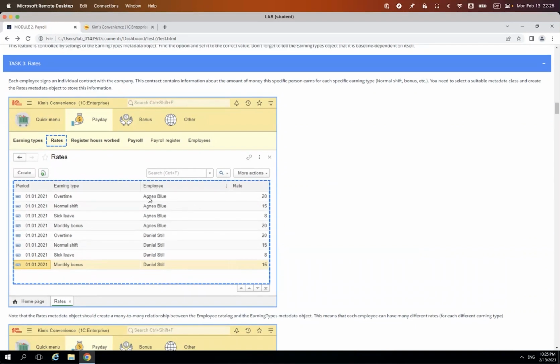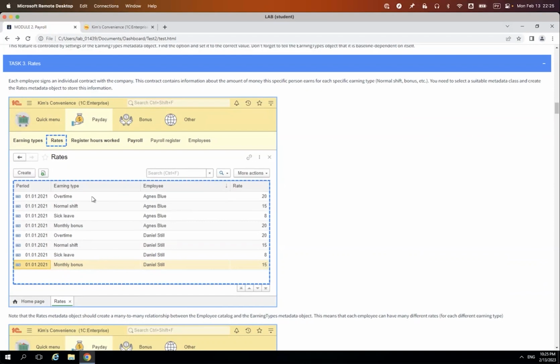Okay. So we have our favorite cashier, Agnes Blue, and we pay her $20 per hour for overtime, and $15 for a normal shift, and $8 for sick leave, and so on and so forth. And of course, there is a many-to-many relation between earning type and employee. So one employee can have different rates for different earning types.